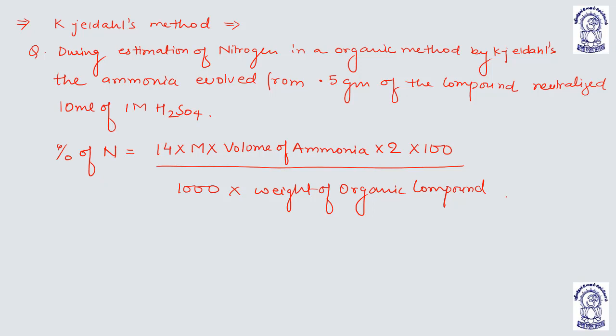Now according to the question, molarity is 1, n factor is 2, volume of ammonia is equivalent to the volume of H2SO4 which remains unused, into 10 into 100 into 0.5.